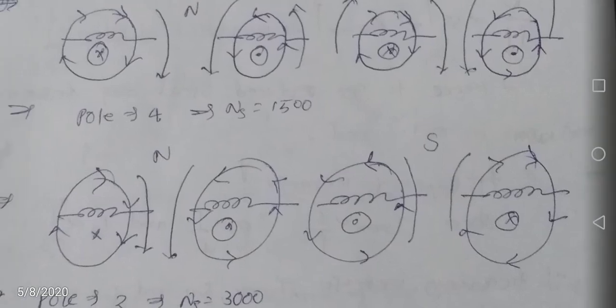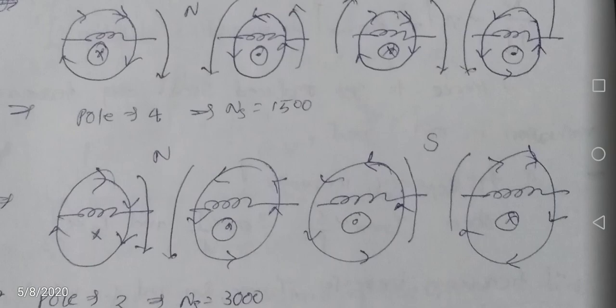Because of the third conductor, fluxes are in the upward direction, and because of the fourth, fluxes are also upward. Between 3 and 4, fluxes are in the upward direction, so there is a formation of a south pole.